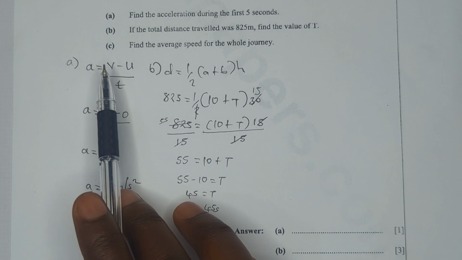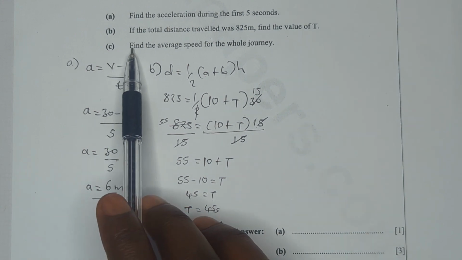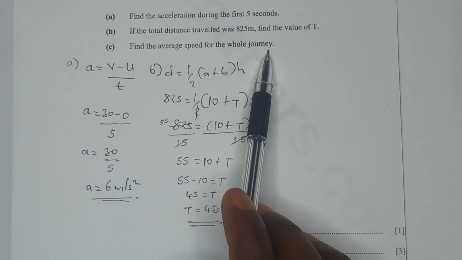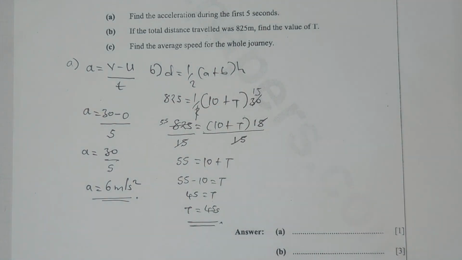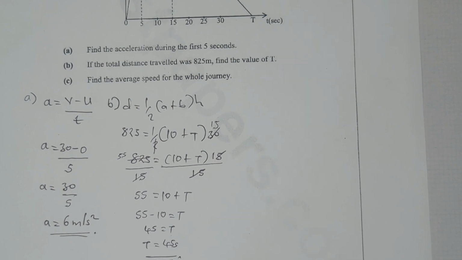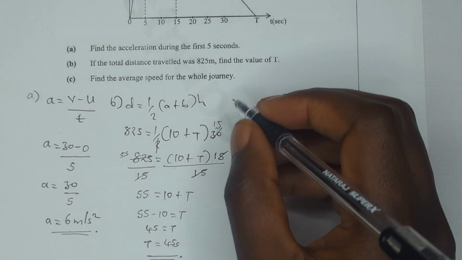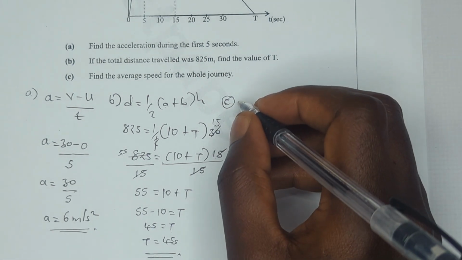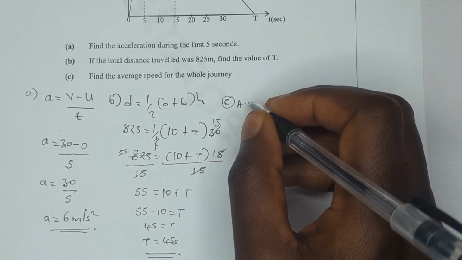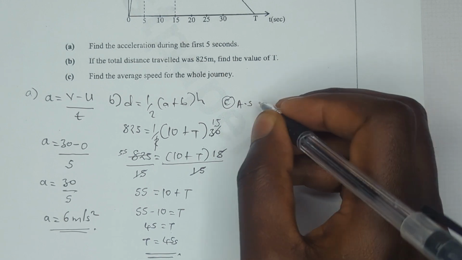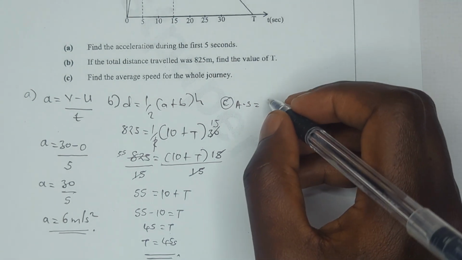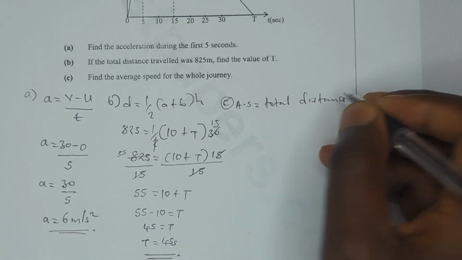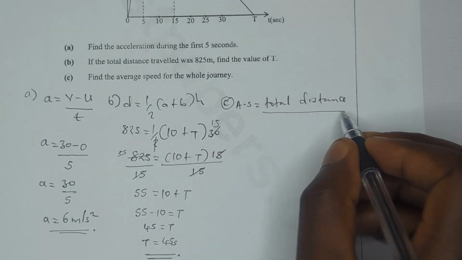Now, as for question C, find the average speed for the whole journey. To calculate the average speed, the formula is average speed is equal to total distance over total time.